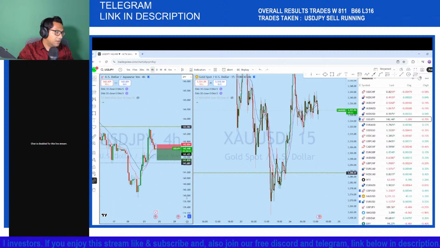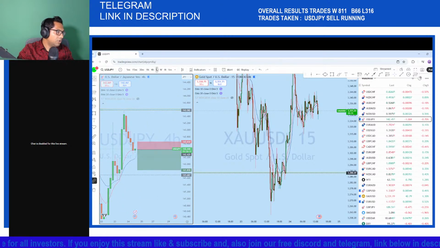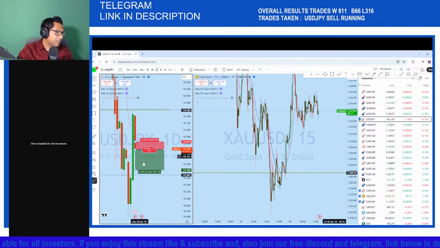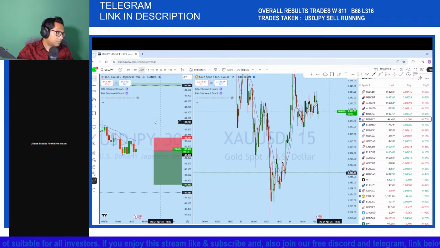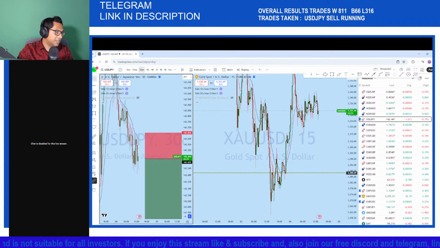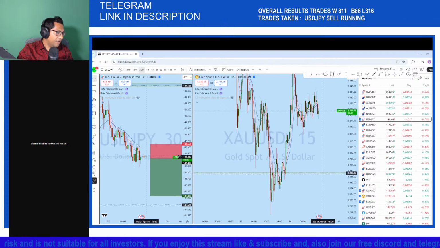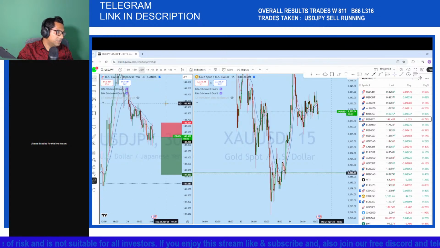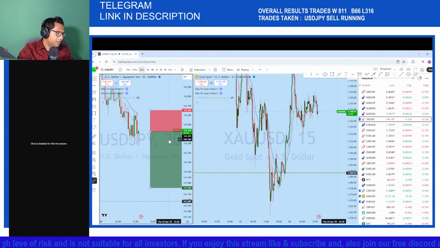And for the long-term picture, if you look at the daily, you can see there is a daily rejection from the top. So the only thing that we need to look at is this 30-minute candle closed, the bulls are not very strong here, so we can still expect the market to remain bearish.